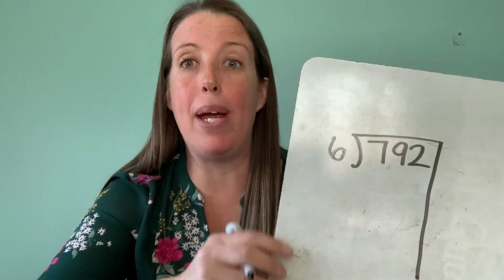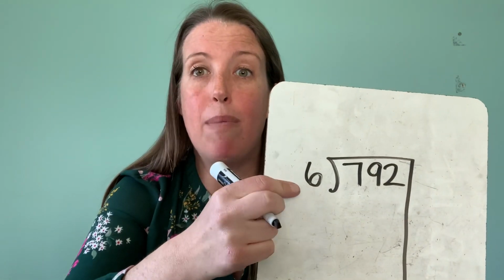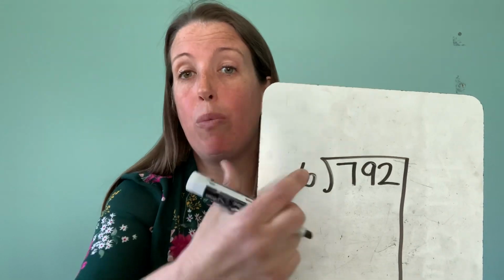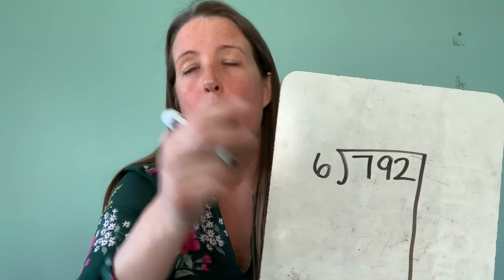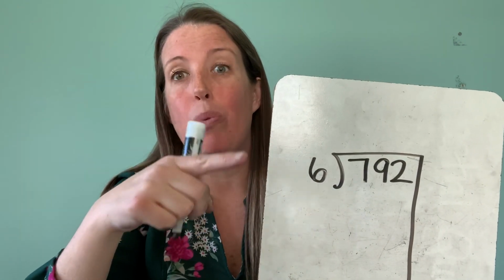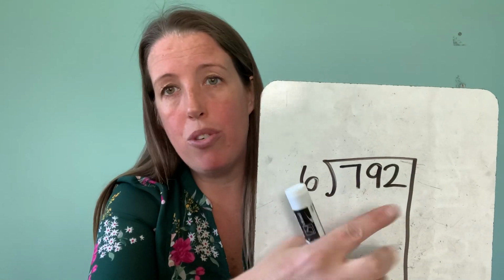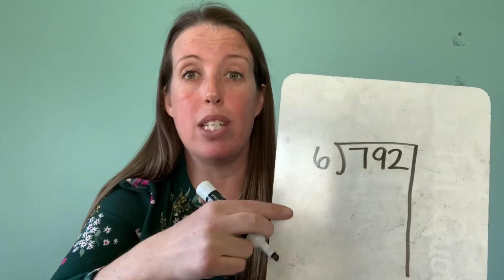So if I think about my hundreds facts, I know that 6 times 100 is 600, which I can take away. 6 times 200, well, 6 times 2 is 12, so 6 times 200 would be 1200, but I don't even have 1200, so that's too big. So I'm going to start with the fact 6 times 100 is 600.